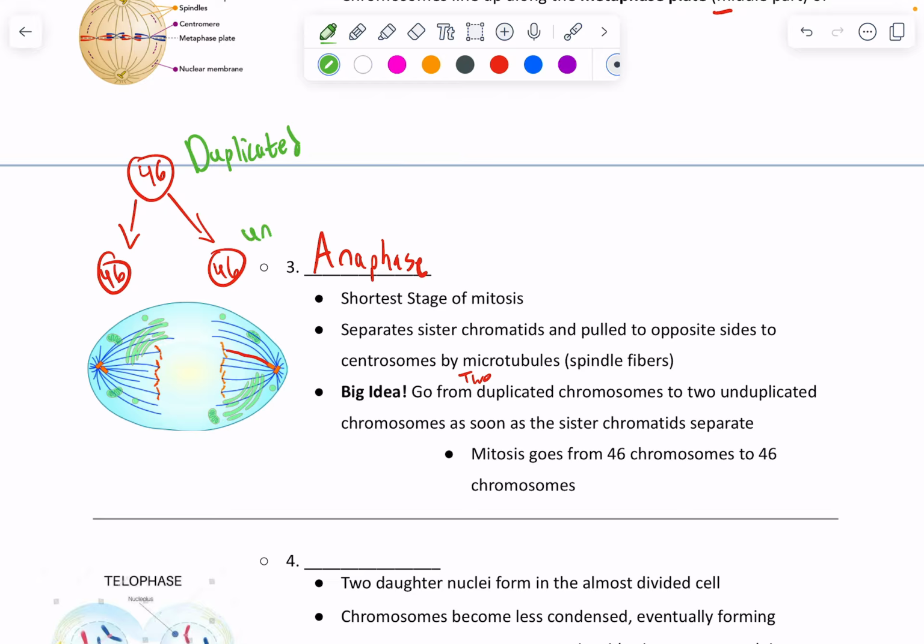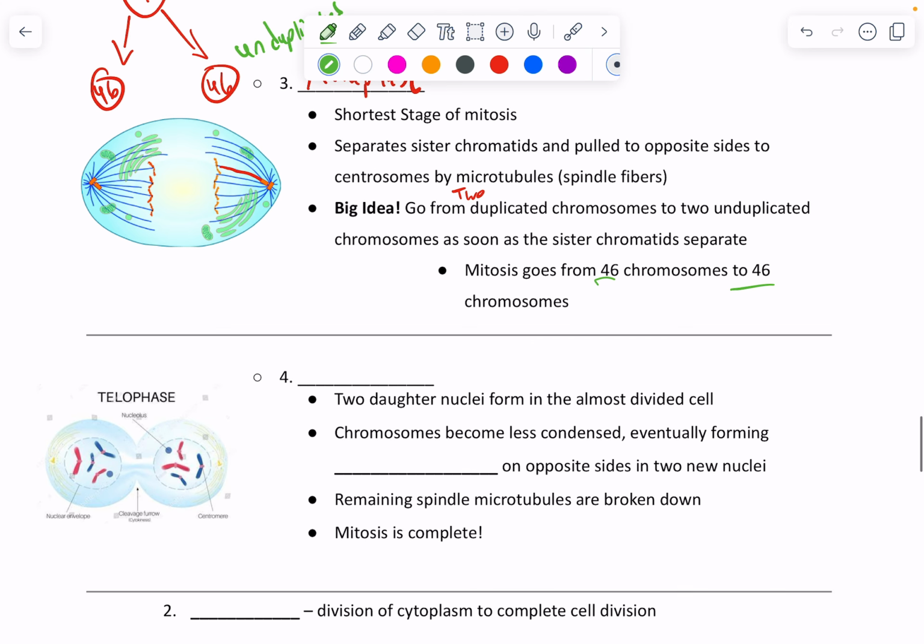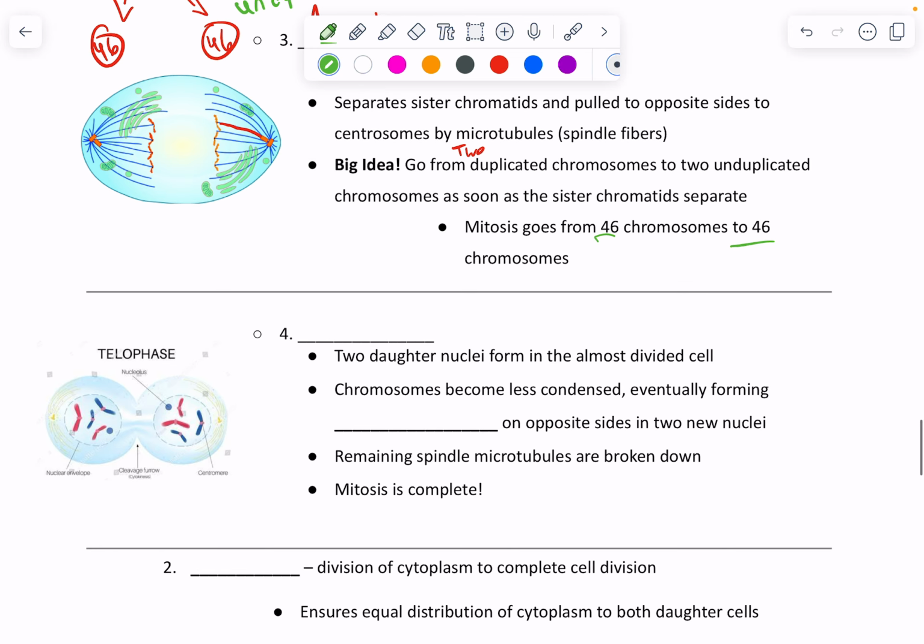And then these two are both unduplicated. All right, we replicated our DNA during the S phase, which is before mitosis, but we still want to keep track of how we have enough DNA for all of these cells. It's because we already doubled it in the S phase. So 46 to 46. You have to make sure you know that. It can get kind of confusing once we introduce meiosis at a later time.